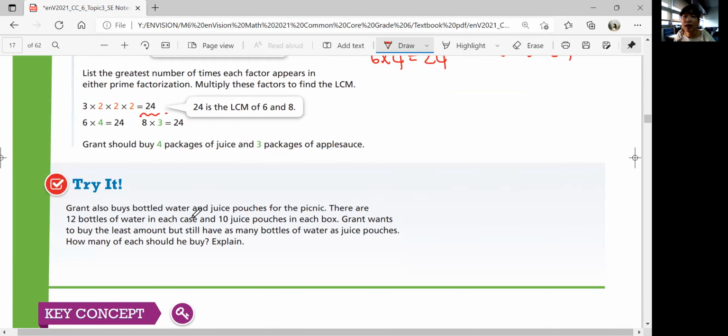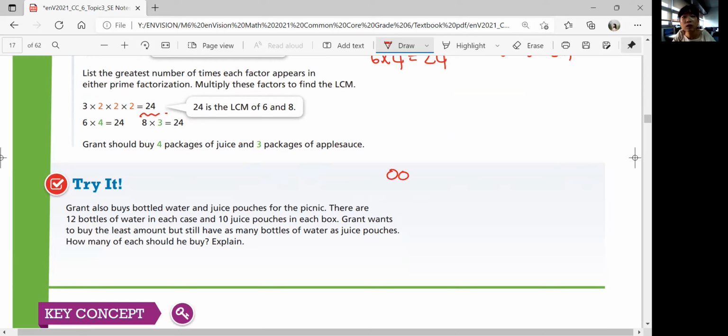So let's try the last question. Grant also buys bottled water and juice pouches for the picnic. There are 12 bottles of water in each case and 10 juice pouches in each box. Grant wants to buy the least amount but still have as many bottles of water as juice pouches. The same problem. How many of each should he buy?